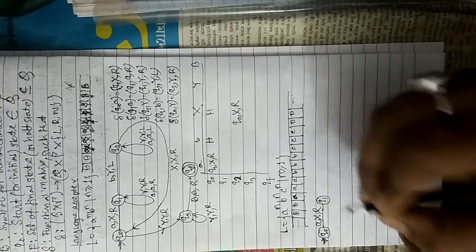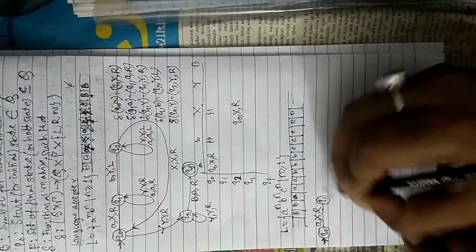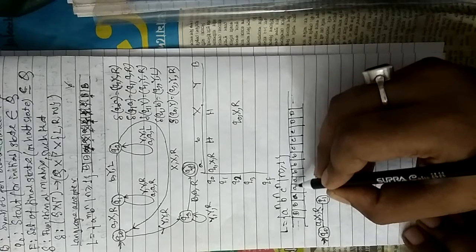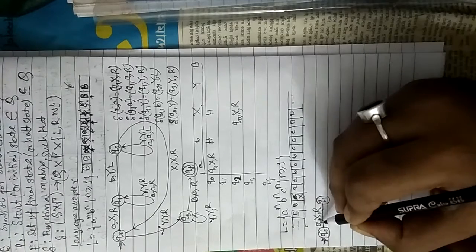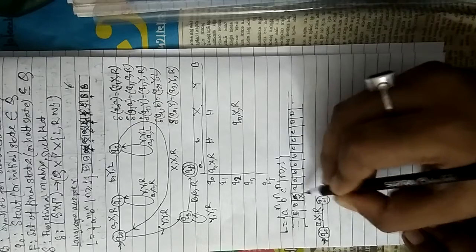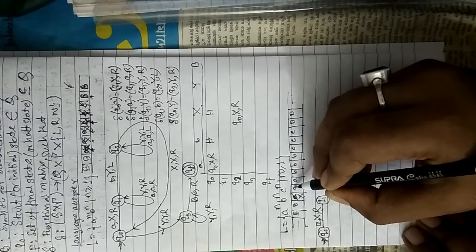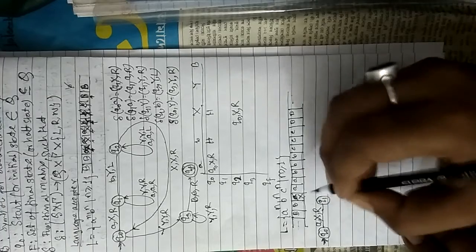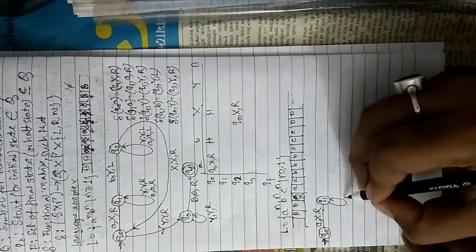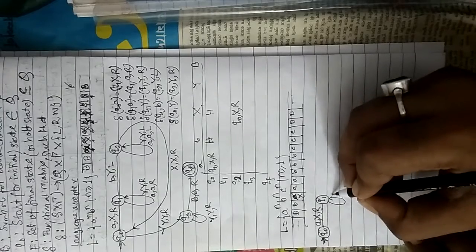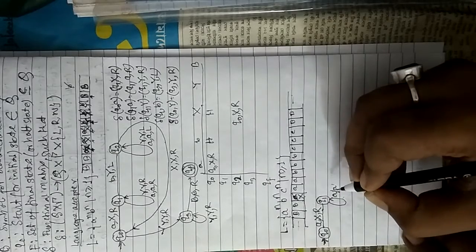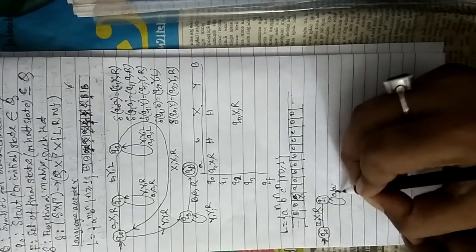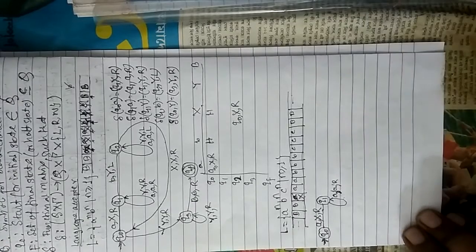So it is Q1, and after that I will go on reading A and I will just replace A with A. So first I read A, I replace this A by X, I move right. Next I will read A, replace A by A, and move to the right.